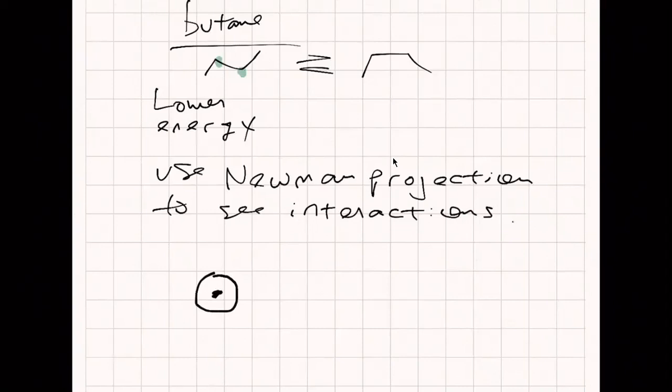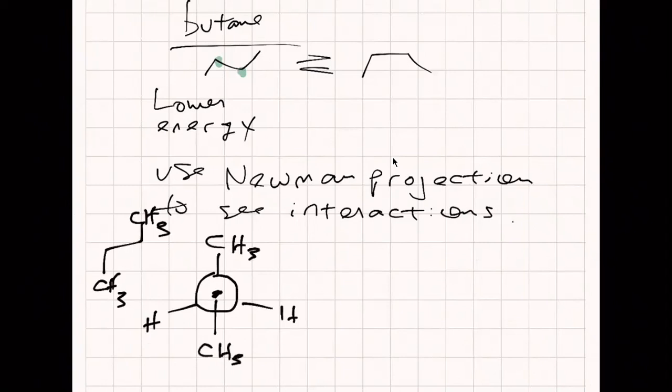So if we want to draw this conformation where two CH3s are opposite, we're going to show that here in the Newman with a staggered conformation. The CH3 is now here, here, and here. So this is what you call a staggered conformation.